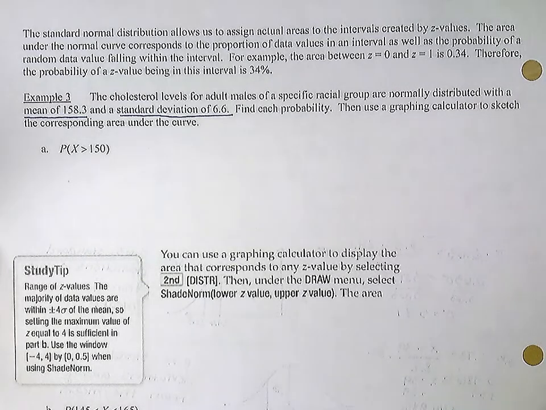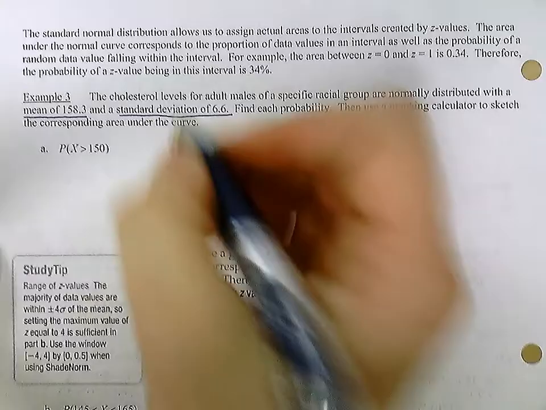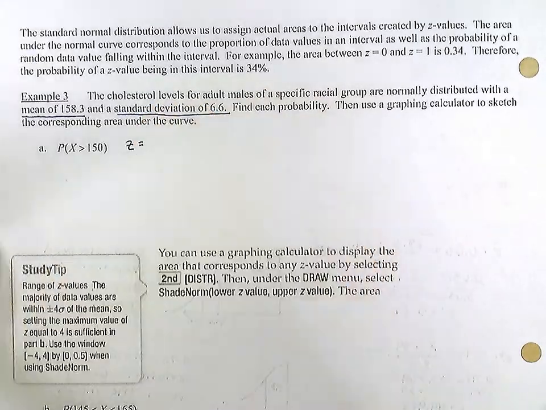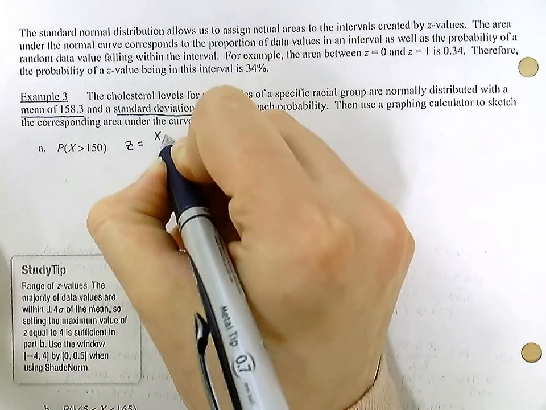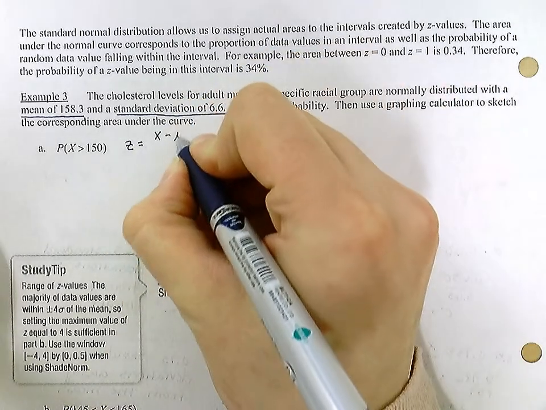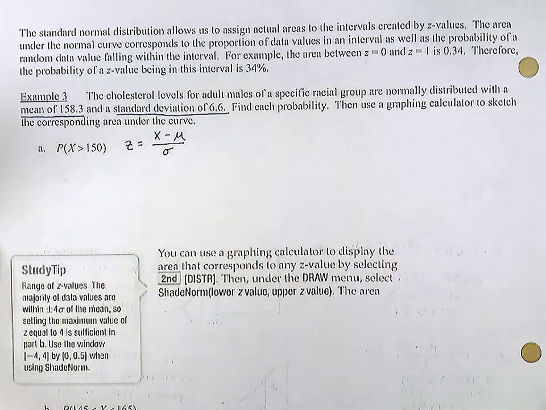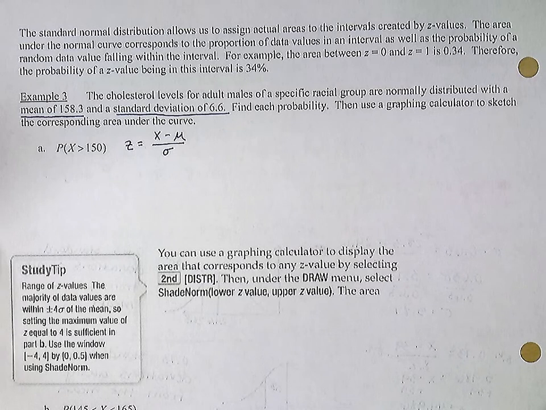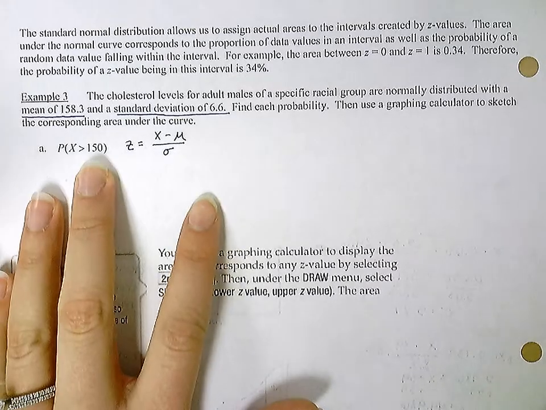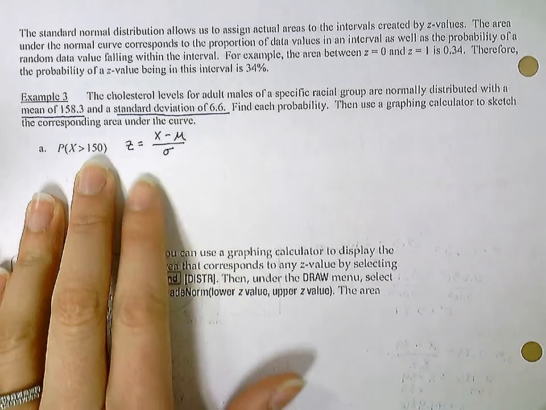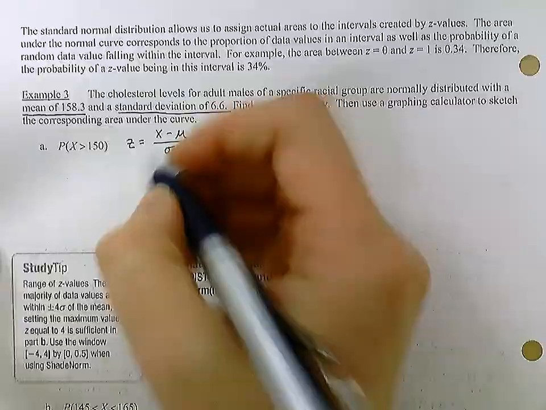First, what I want to do is find the z-score. So I'm using z equals x minus the mean, mu, over sigma, the standard deviation. So I need to find what z is. I'm going to plug in 150 for x.